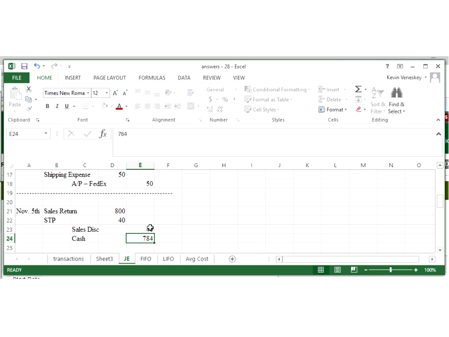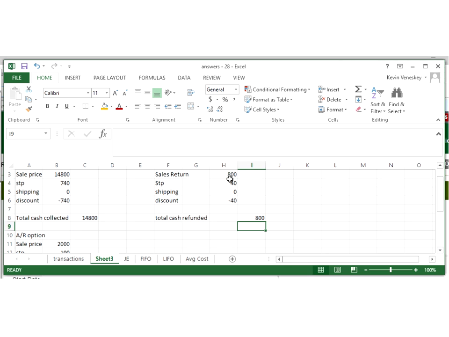This I hadn't updated yet. This should be $40. And then this should be $800, based on, again, just what I showed in my worksheet here. I had $800 in return, sales tax going back.